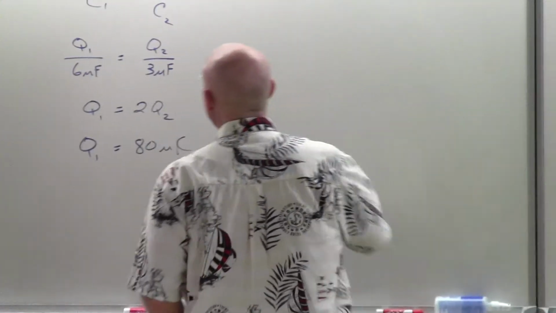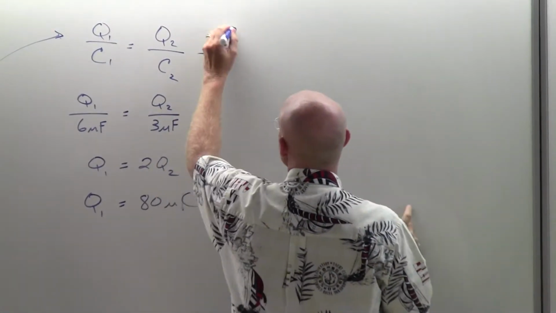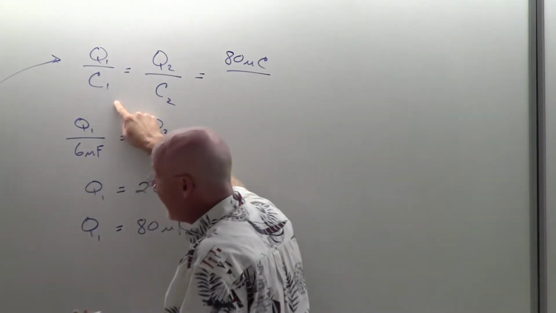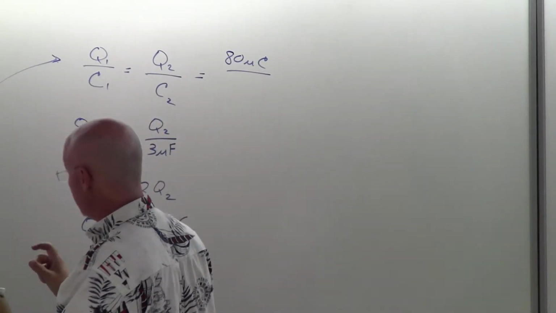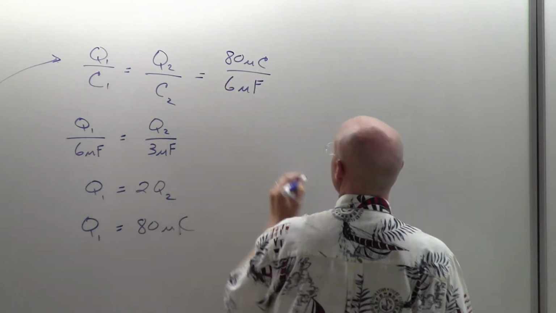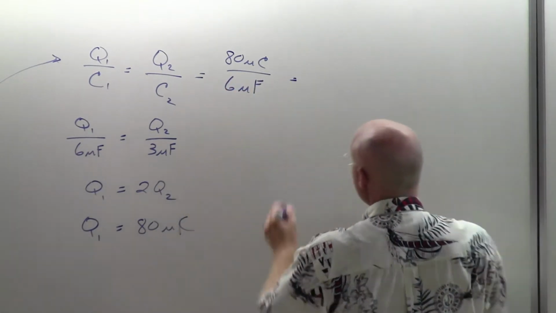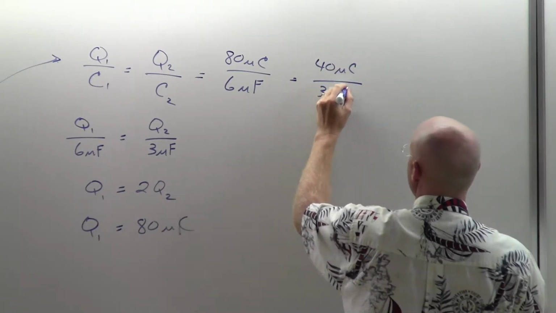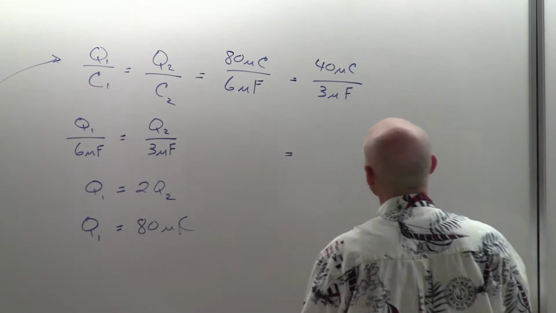The voltage should be charge 1, which is 80 microcoulombs, divided by the capacitance of number 1, which was our 6 microfarads. Of course, that should be the same as the 40 microcoulombs over the 3, which it is.